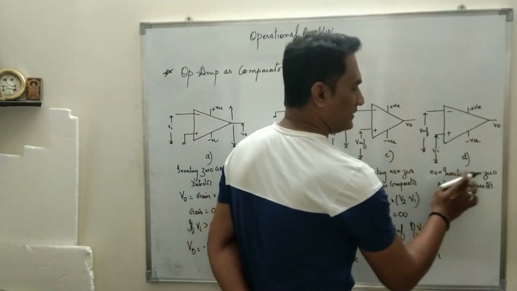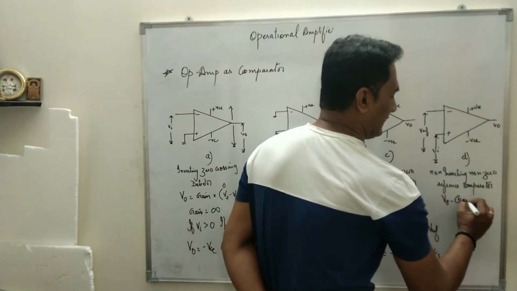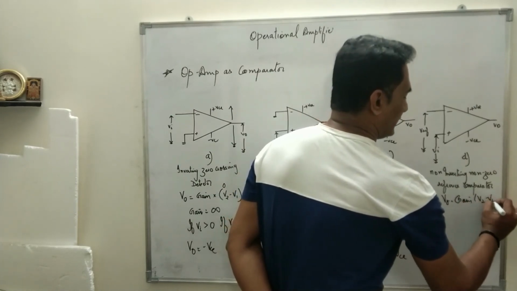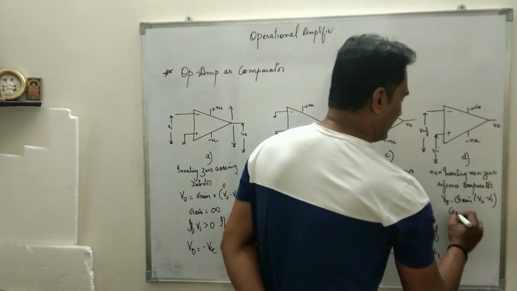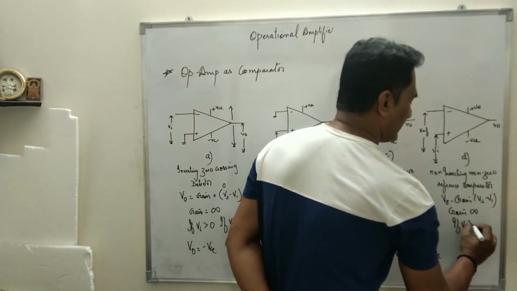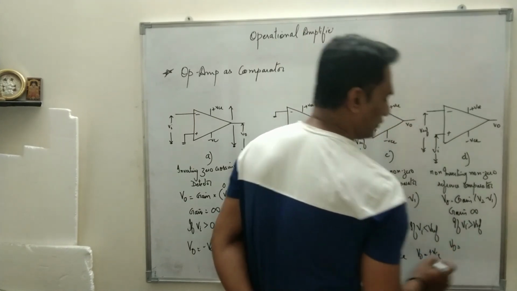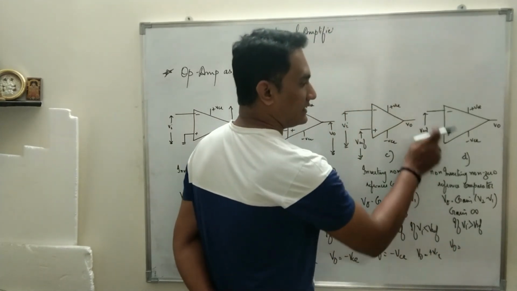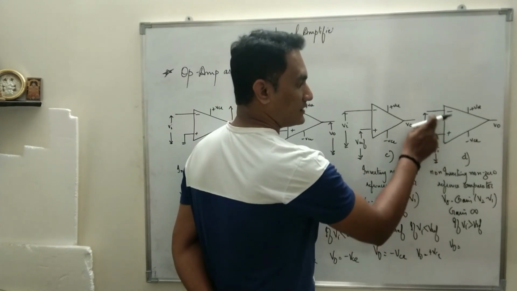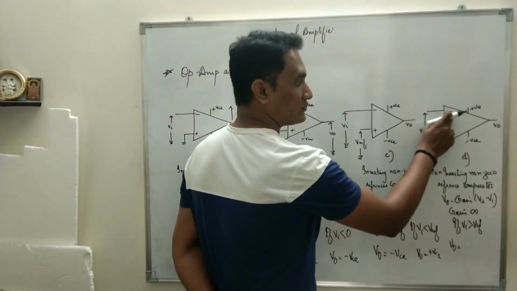Last one, non-inverting non-zero reference comparator. V0 is gain multiplied by V2 minus V1. Gain is infinite. If Vi is greater than V reference, V0 will be equal to, now Vi is applied to the non-inverting terminal and V reference to the inverting terminal.